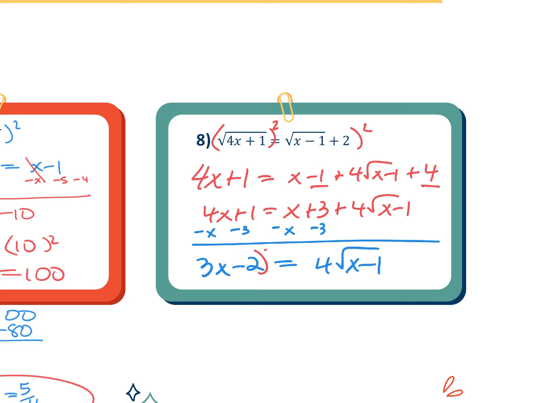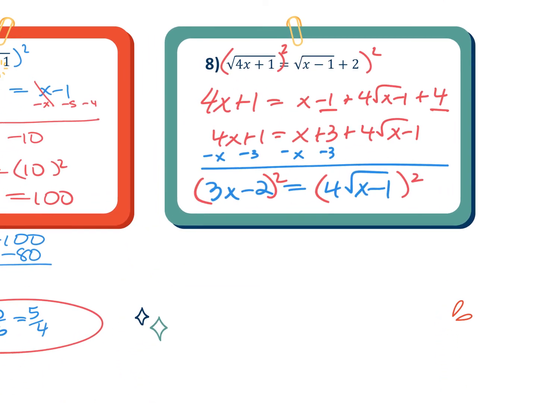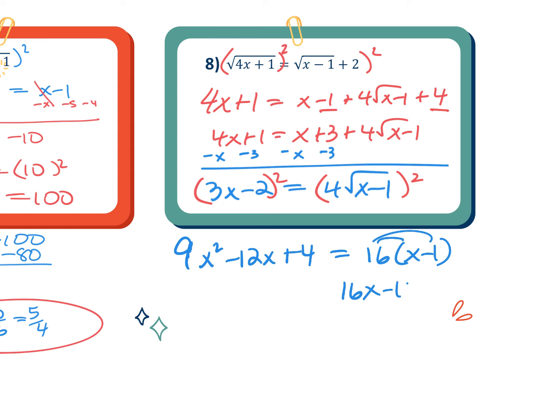I'm going to square both sides to get rid of the radical. I got to FOIL the left. So this ends up being 9x squared minus 12x plus 4 equals 16 times x minus 1. I'm going to distribute, 16x minus 16.